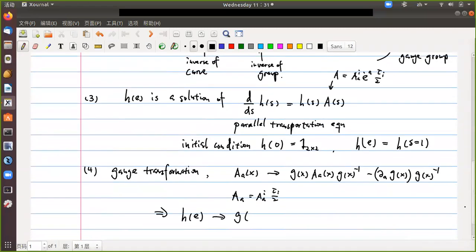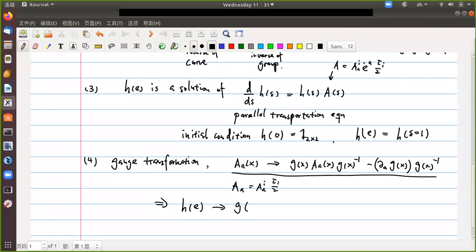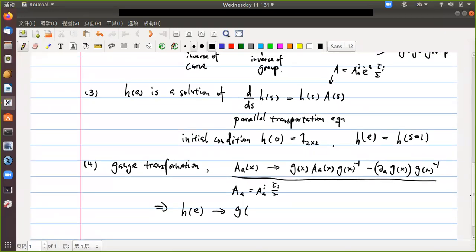Here this is the gauge transformation for the gauge connection or gauge potential. Then you just need to plug this gauge transformation into the definition of holonomy, and you can derive the following gauge transformation for the holonomy, and you find it transforms pretty nicely. The transformation is very simple.